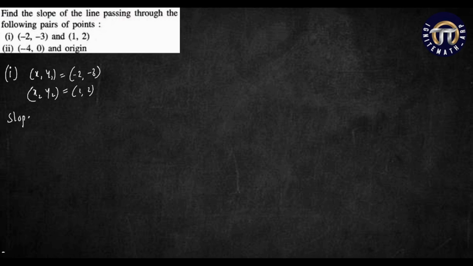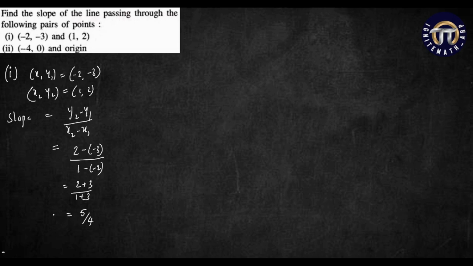So slope of the line is given by y2 minus y1 by x2 minus x1. So y2 minus y1 is 2 minus of -3, by x2 minus x1, 1 minus of -2. Now I can write this as 2 plus 3 by 1 plus 3. So that is equal to 5 by 4, the slope of this line.